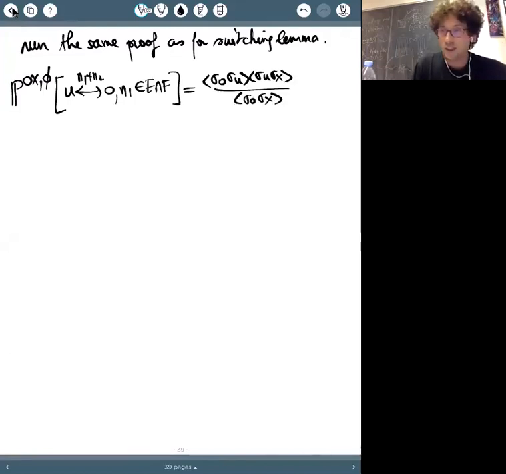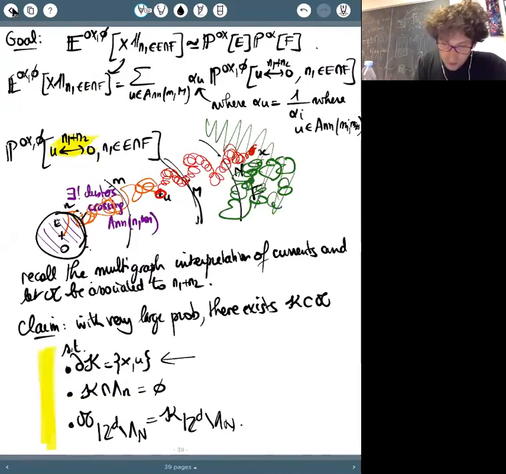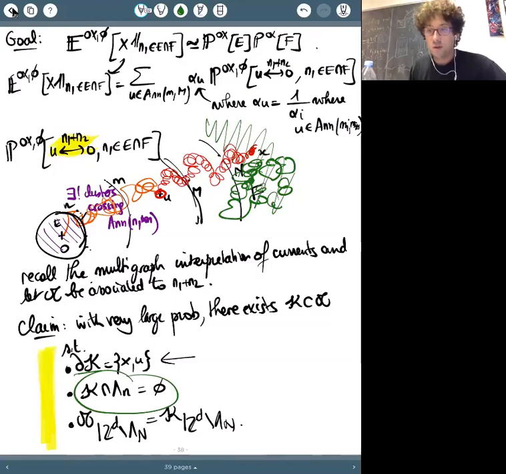This type of quantity, we already saw them pretty often. They are just coming from the switching of the sources. And we are going to end up with 0U, UX. But you see, when you switch K, K is not intersecting lambda n, the small box.